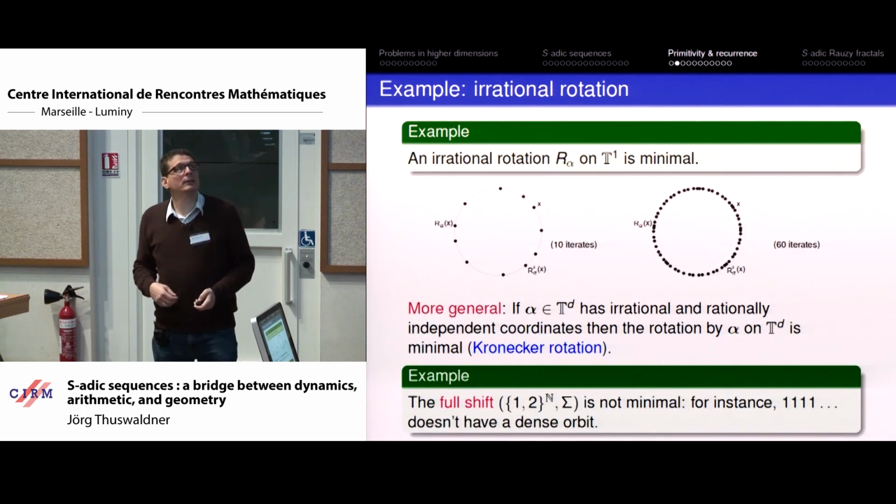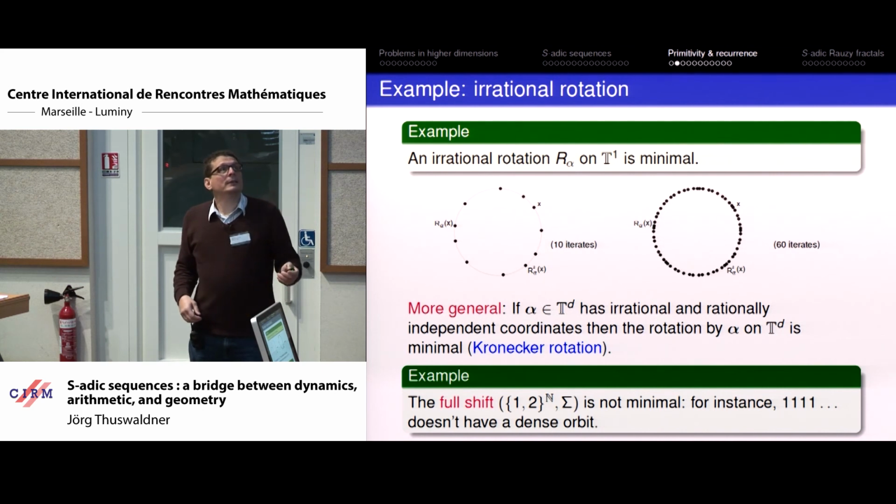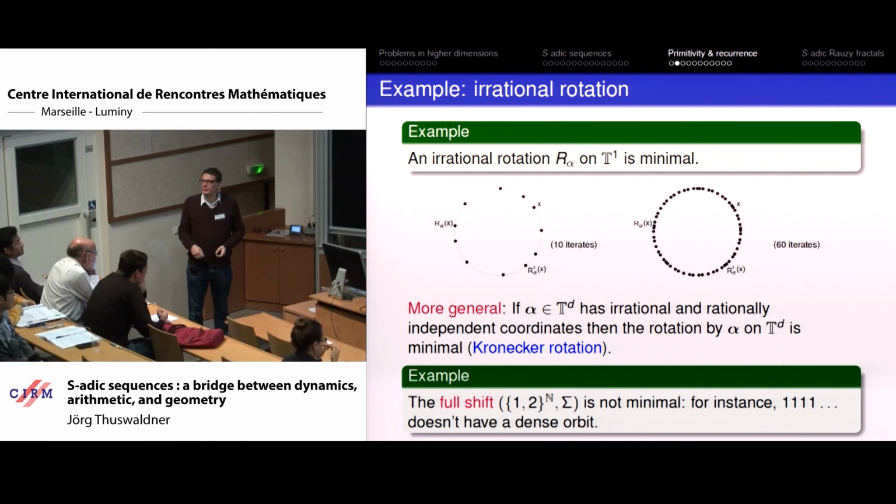I have some examples here. The standard example is an irrational rotation. So you start with x on the circle of circumference 1, and you rotate by an irrational rotation. So here are 1, 2, 3 rotations. Here are 10 rotations. And it turns out that wherever you start, you will get a dense orbit. So this is the easiest example of a minimal system.